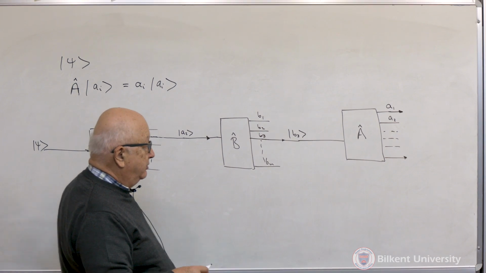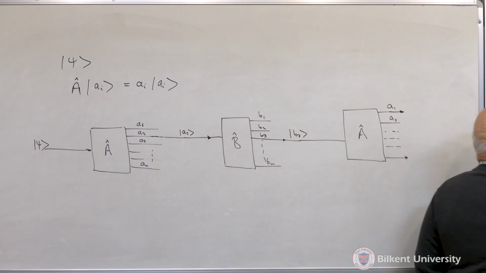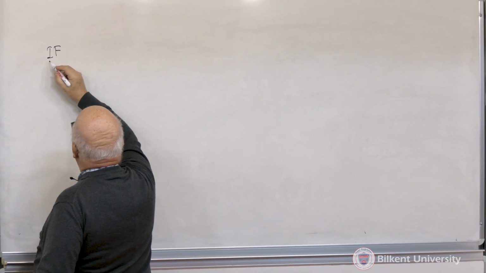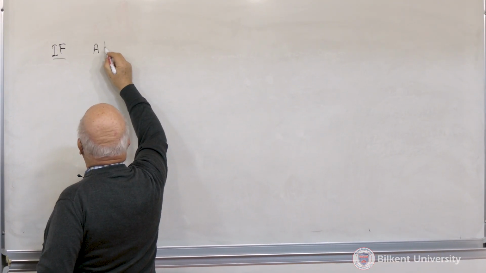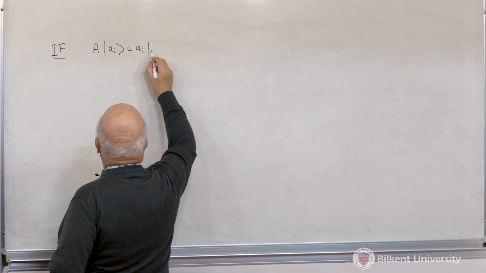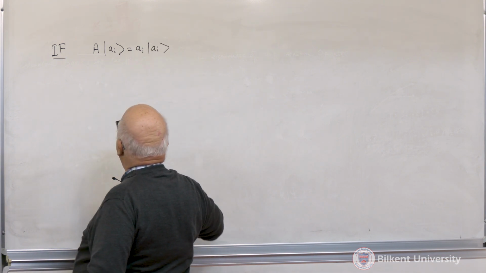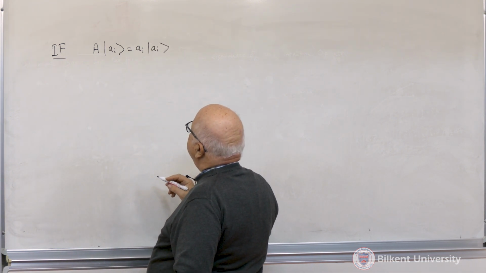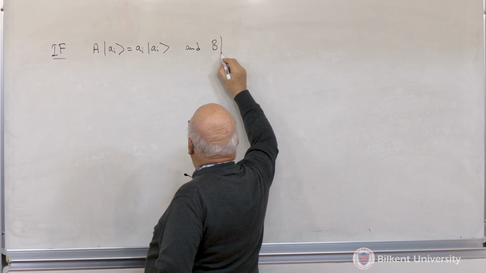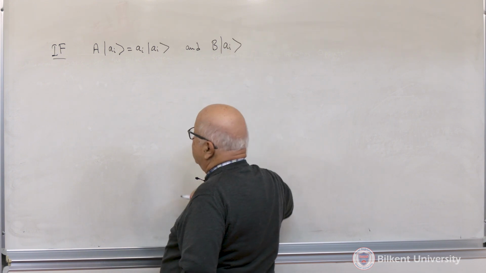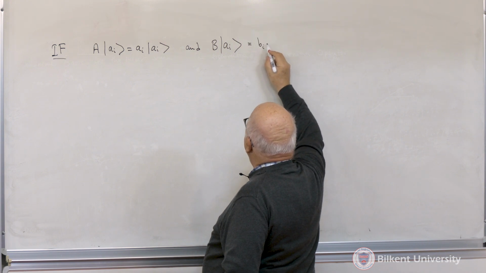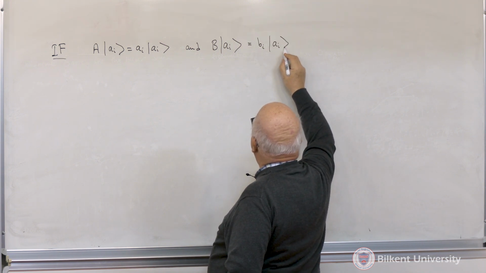So let's put a big if, I have a case in which A times the eigenstate A_i gives me A_i times the eigenstate A_i, and at the same time, B on the same ket gives me its own eigenvalue, but it's still an eigenstate.